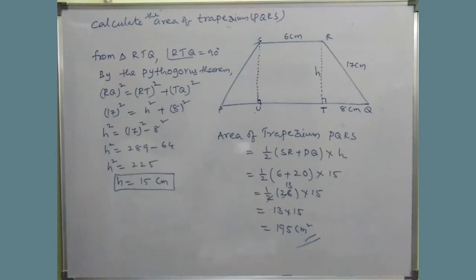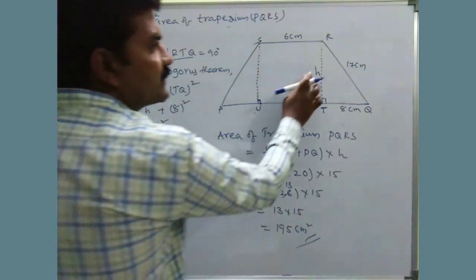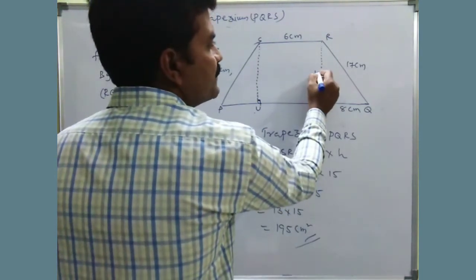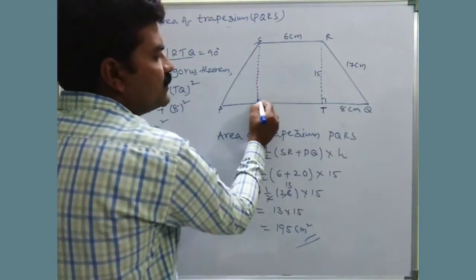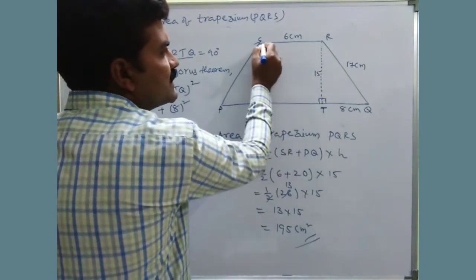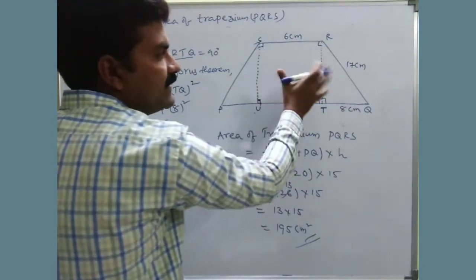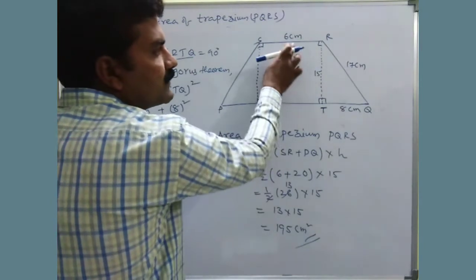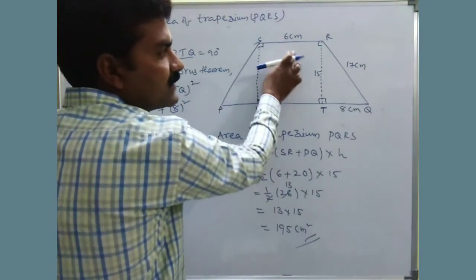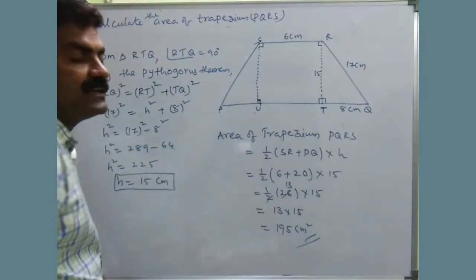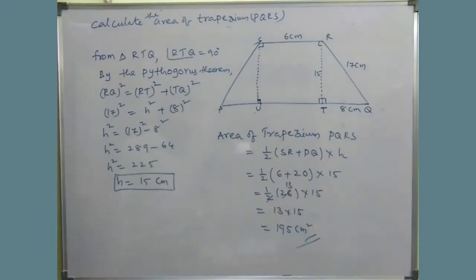I mean maybe a rectangle or maybe a square. But since we got h equal to 15, if you replace h here as 15, we know that each and every adjacent angle is a right angle, and moreover adjacent sides are not equal, hence clearly it is a rectangle.